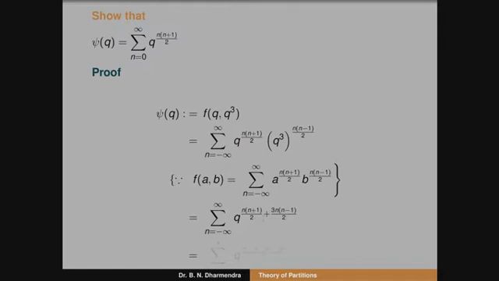We can also observe that the denominator is the same, so we can simply add the numerators: summation n running from minus infinity to plus infinity q to the power of n squared plus n plus 3n squared minus 3n. So here n squared plus 3n squared is 4n squared, and minus 3n plus n is minus 2n. So overall the exponent is 4n squared minus 2n divided by 2, that is summation n running from minus infinity to plus infinity q to the power of (4n squared minus 2n) divided by 2.